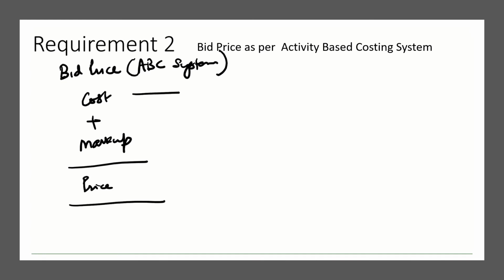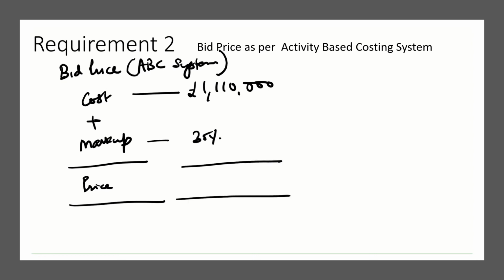The cost we have already calculated was 1,110,000. Markup is 30% of the cost, and the total comes to 1,443,000. So this is the price which we are going to submit to Ford for 50,000 units.